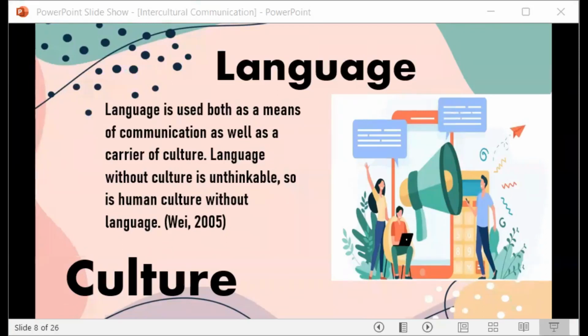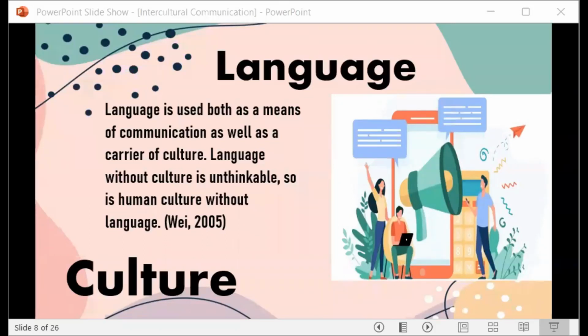According to Way 2005, language without culture is unthinkable, and so is human culture without language. Language reflects the culture that you have because language and culture are intertwined. It reflects the beliefs, traditions, values, lifestyle, habits, and customs of an individual, and it shapes the way they think and the way they talk.